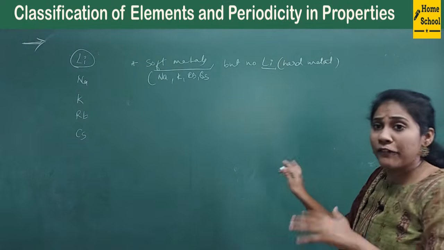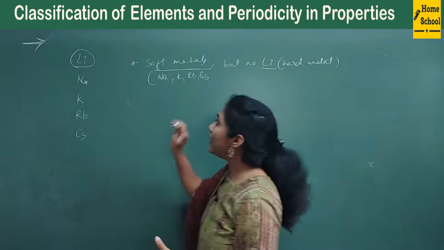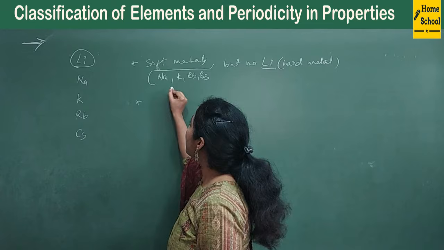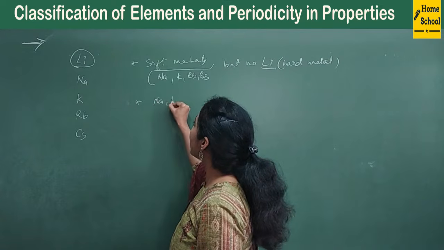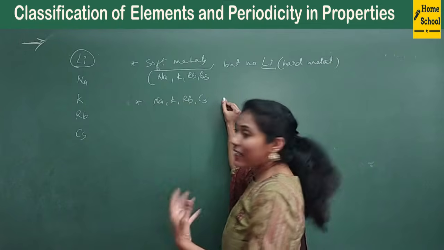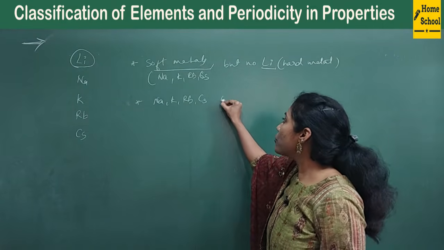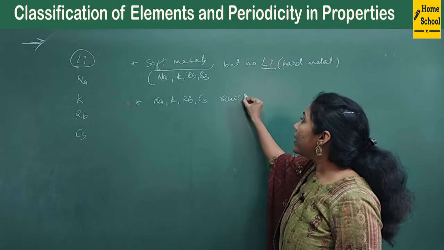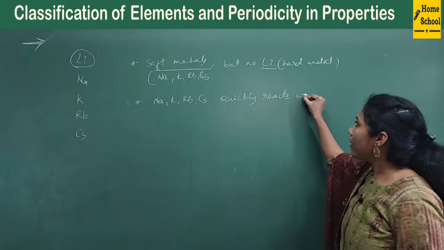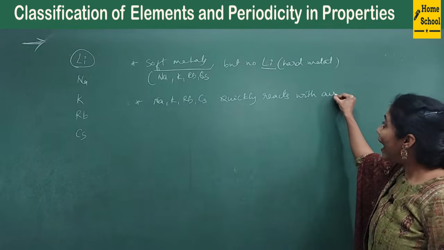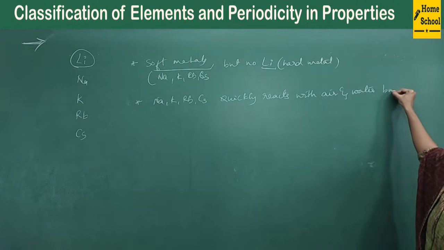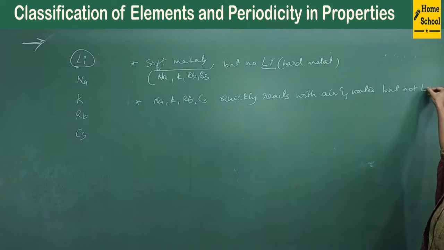Like that, many different properties are shown by lithium. Another one is that usually sodium, potassium, rubidium and cesium quickly react with air. They quickly and violently react with air and water. But not lithium.